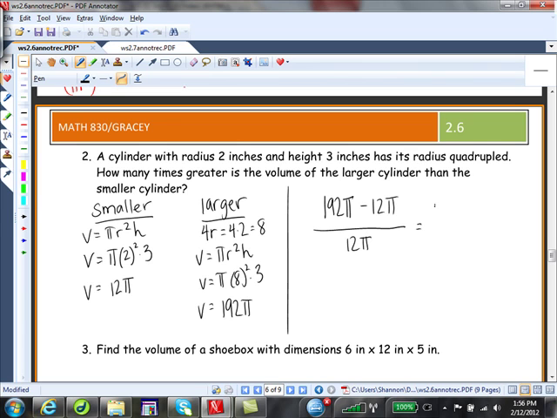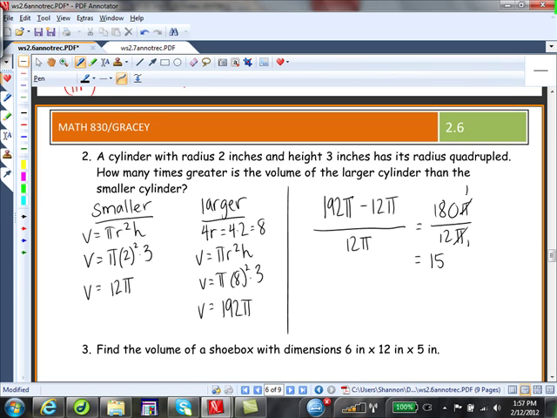That's 180 pi divided by 12 pi, the ratio of 180 pi to 12 pi, and that's going to be 15, because the pi's divide out, and 180 divided by 12 is 15.